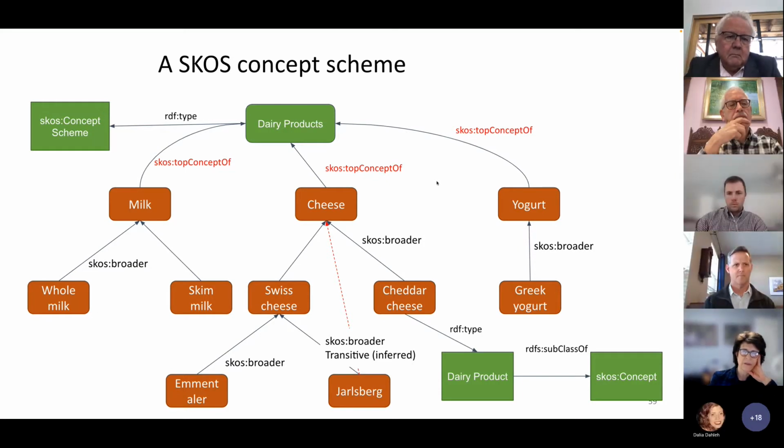It is useful to be able to say that these are at the top level. I wondered about the usefulness of this top concept thing. Historically, we've had to just query and find the ones that didn't have a broader. Yeah, exactly, that's the root. I guess you can automate it if you want it, but it doesn't mean anything.